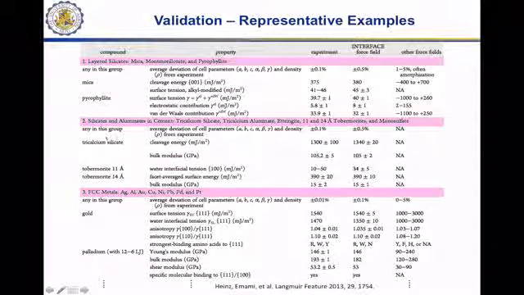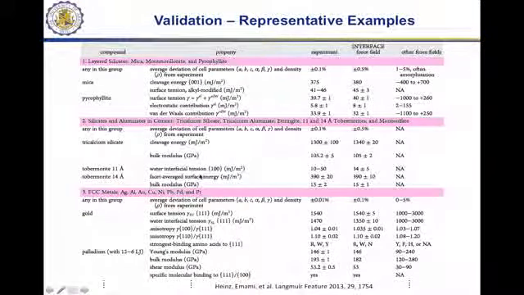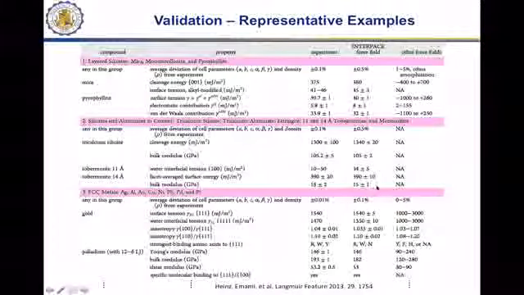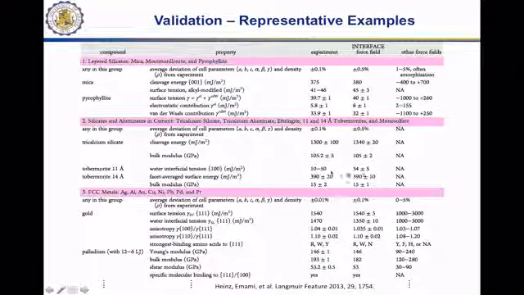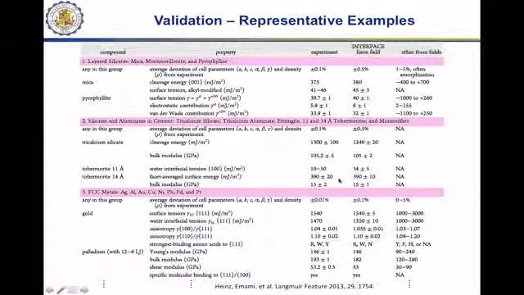Then we have also a number of silicates and aluminates in cement as part of our package. So again, here cleavage energies are well reproduced. Mechanical properties are very good. Interfacial tensions, also water-solid interfacial tensions.